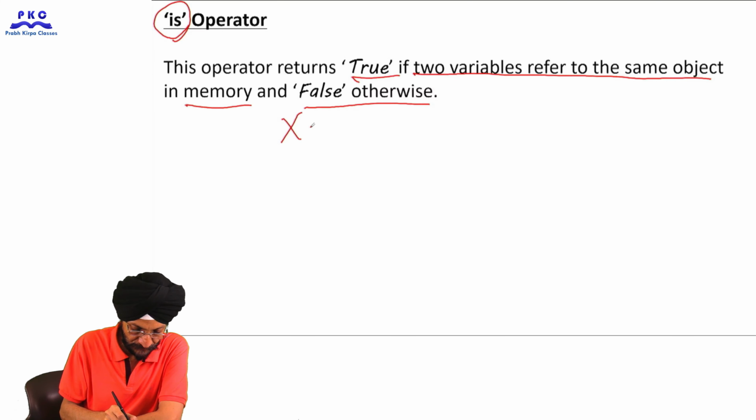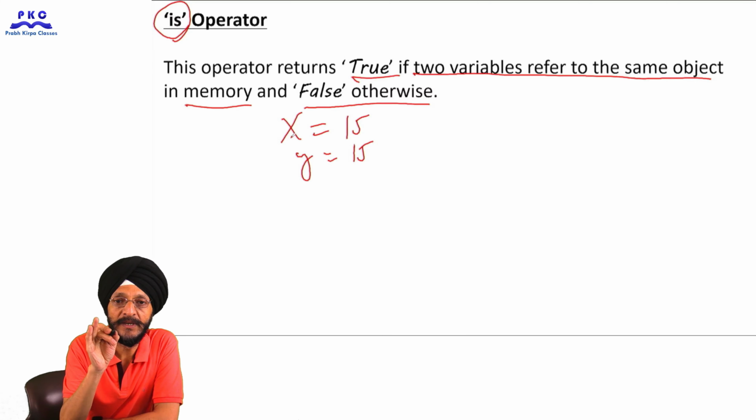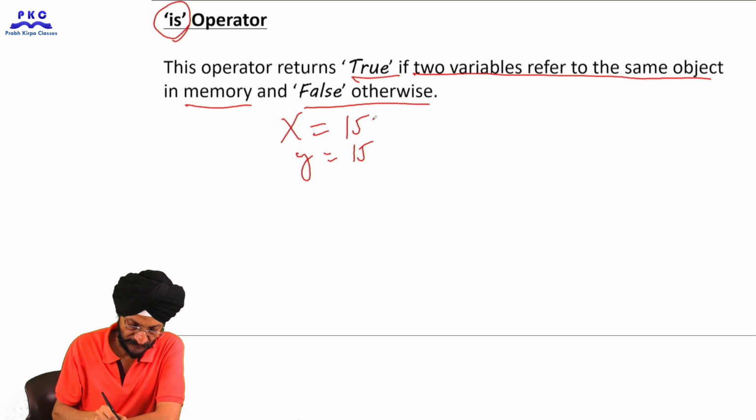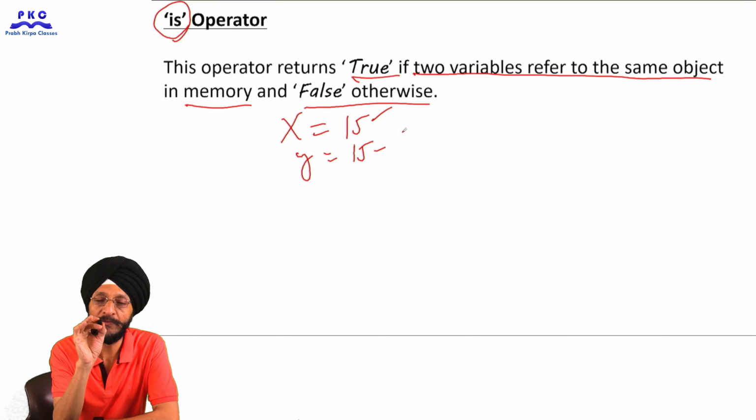We understand the same with the help of an example. Suppose we write x is equal to 15, y is equal to 15. x is a variable, y is also a variable, 15 is the value contained therein, or 15 is the object.